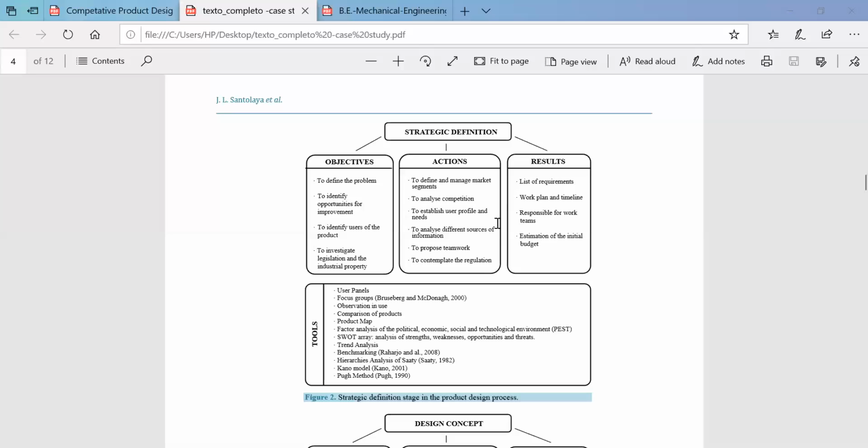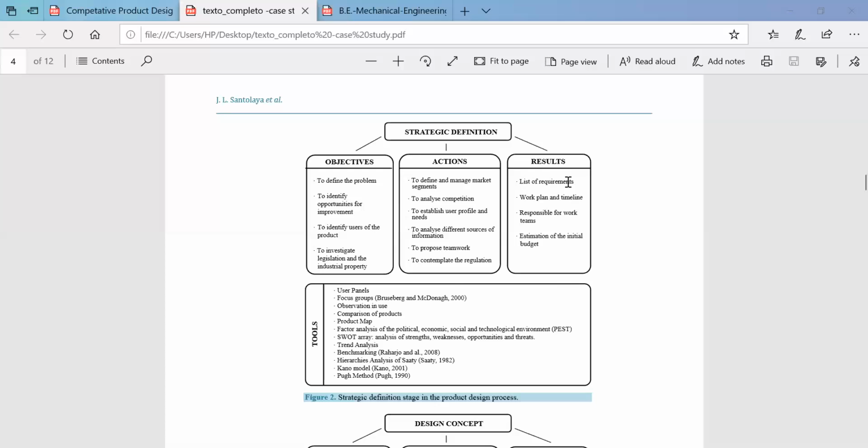In the initial phase, it is not that you only define during the strategic definition, set the objectives and leave. No, nothing will work properly unless you have taken the actions needed and seen what is required for this particular project to come out. You might need some equipment, some software, some expertise.